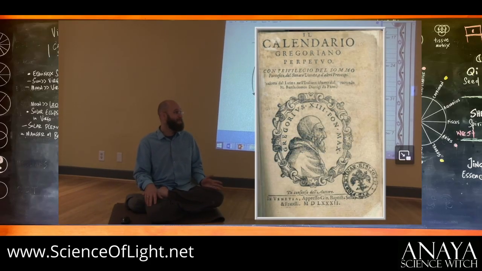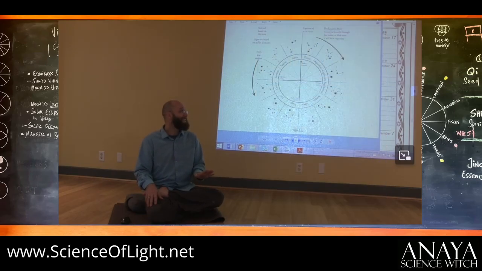So it started with the Roman emperors, and it ended with Pope Gregory. And so the present calendar that we use is called the Gregorian calendar. So it's a Christian Pope created calendar. And if we were Catholic, we could say that it was divine authority that made it, but that still doesn't connect us to anything actually happening in reality.